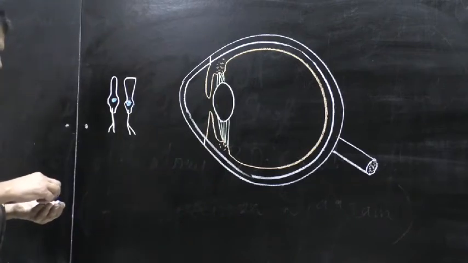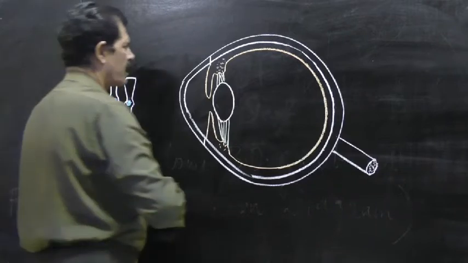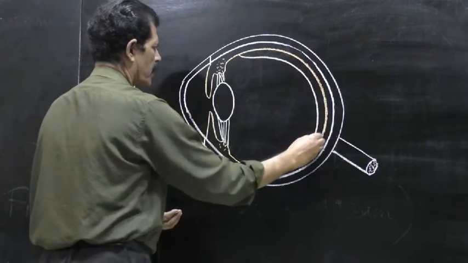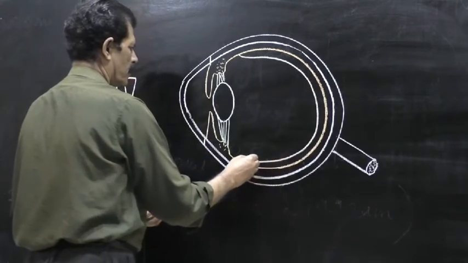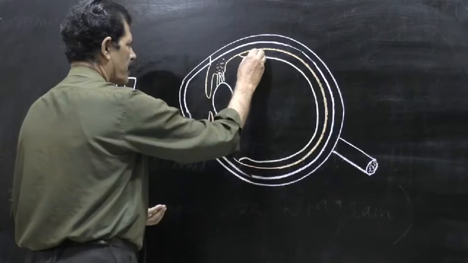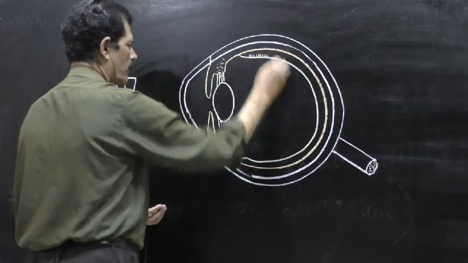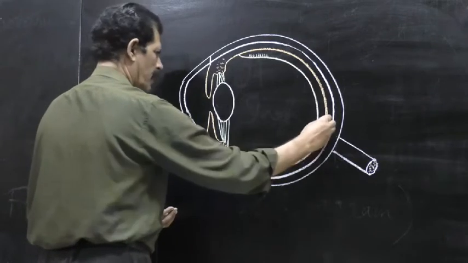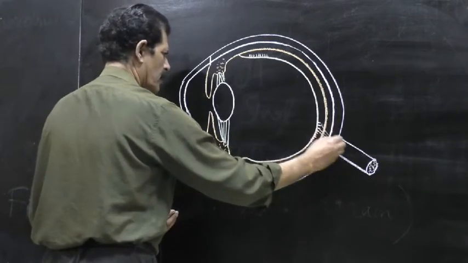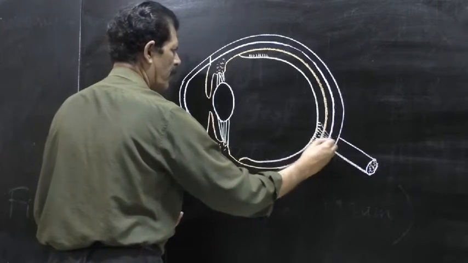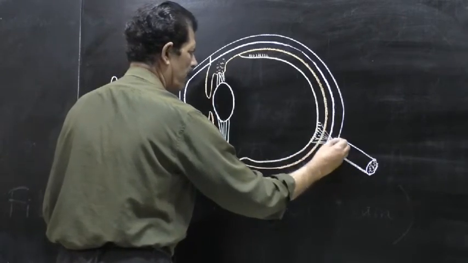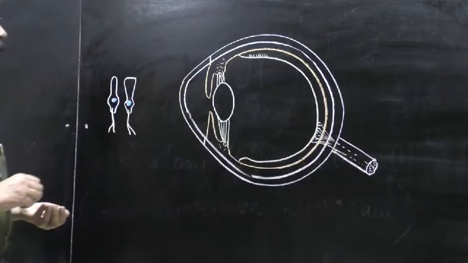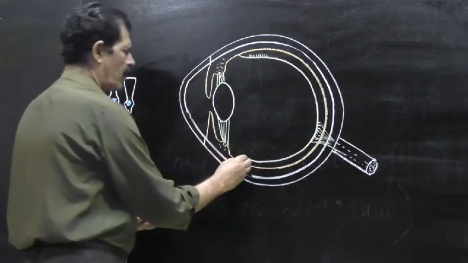And the innermost layer is the nervous layer, that is called the retina, on which the image is formed, and rods and cones are present. These are the rods and cones, and the axons of these rods and cones from the ganglionic layer of the retina form the second cranial nerve from all of them.